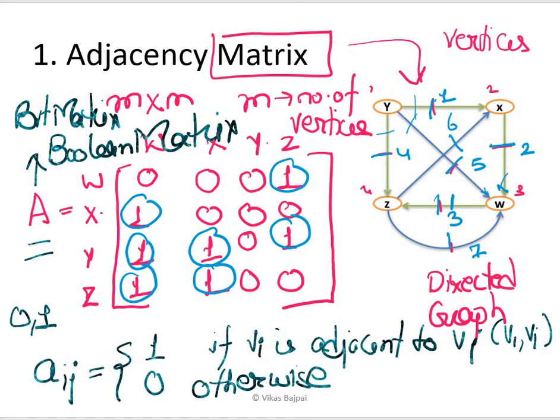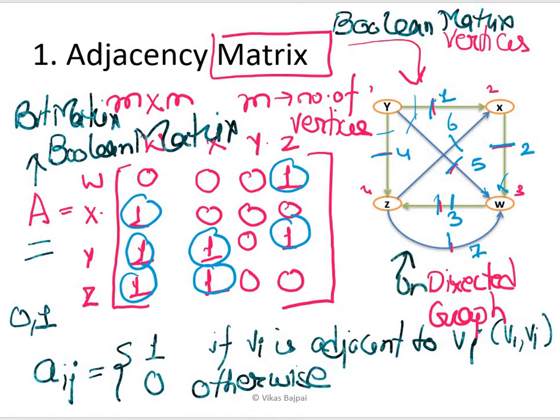Right, so you can say that the adjacency matrix which we are getting is a Boolean matrix. And looking at this particular example, it is somewhat sparse, not that much. Now, suppose this particular graph is an undirected graph.